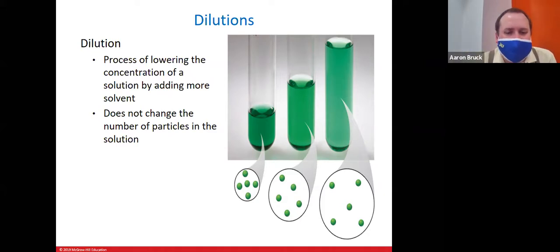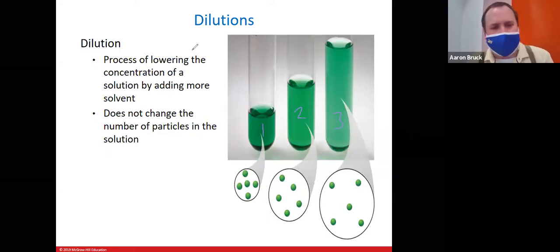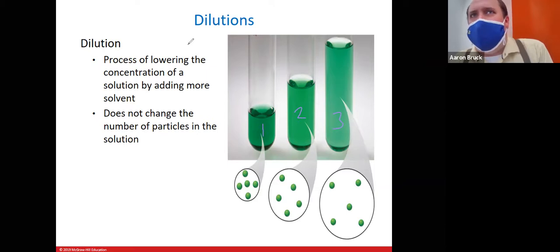The green liquid is green food coloring particles inside of each of the water samples. The only difference between number 1, number 2, and number 3 here is in the separation of those particles from each other.